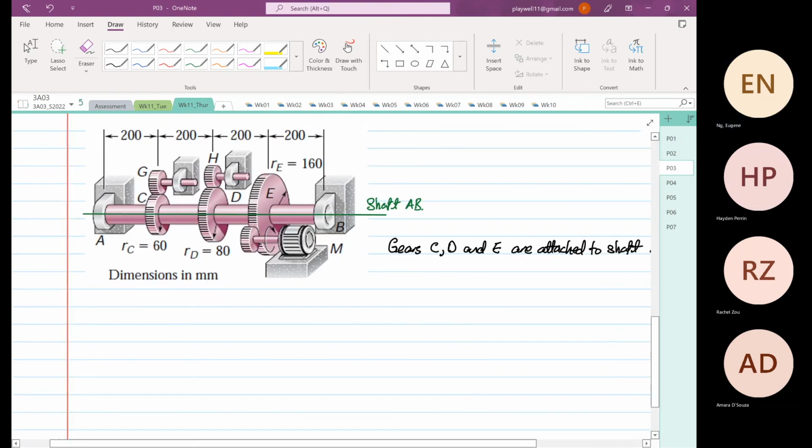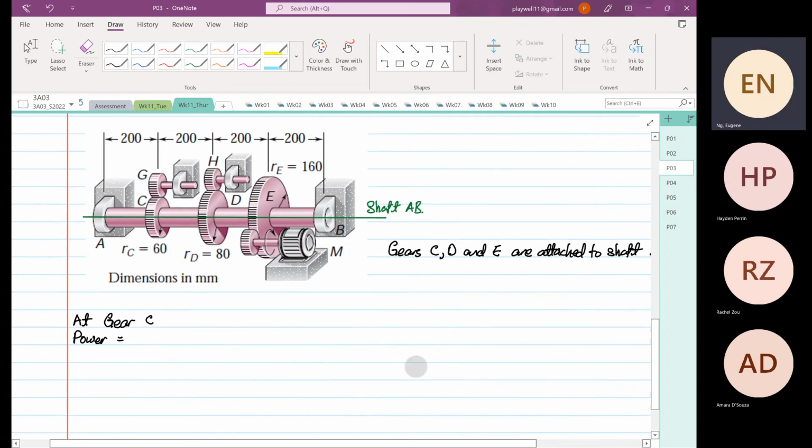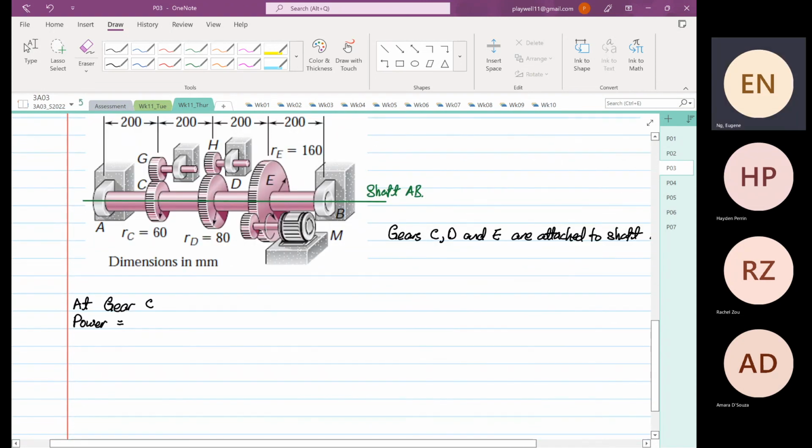We are going to determine the power at gear C. Power is equal to, so gear C is related to gear G, is 20 kilowatt. Okay, gear C is 20 kilowatt.